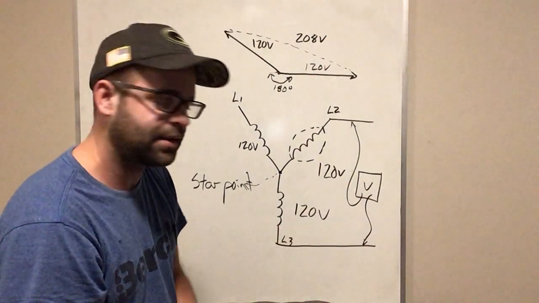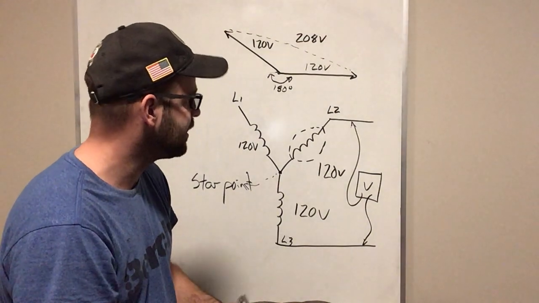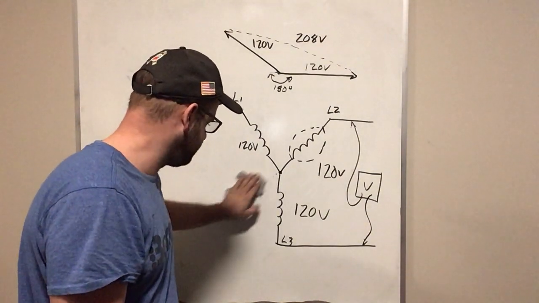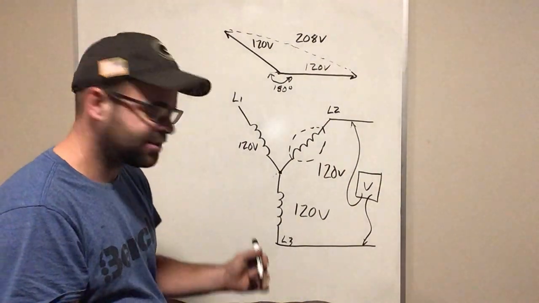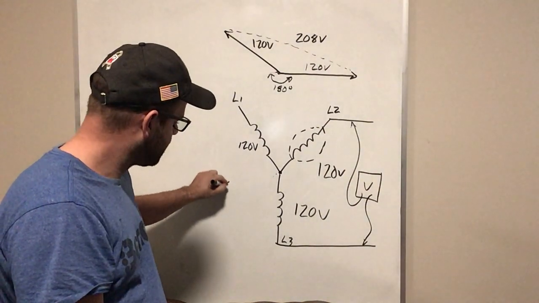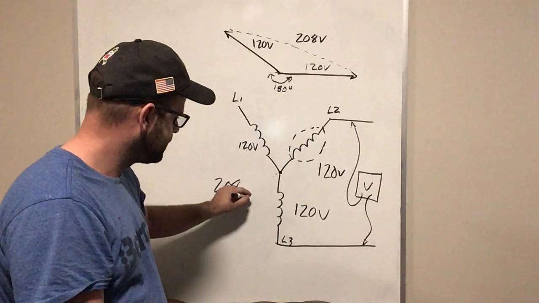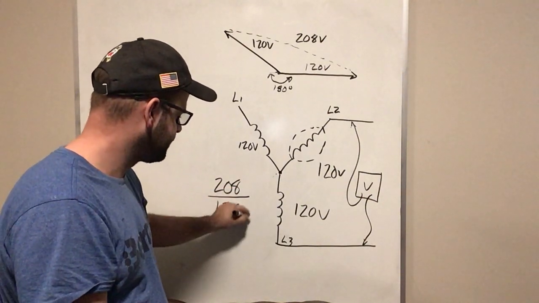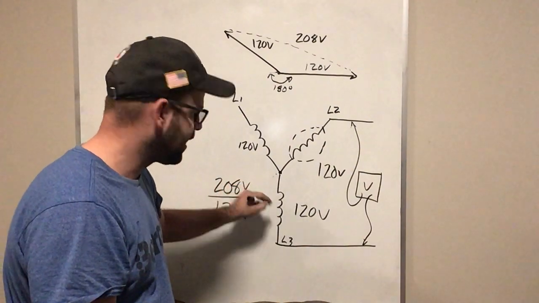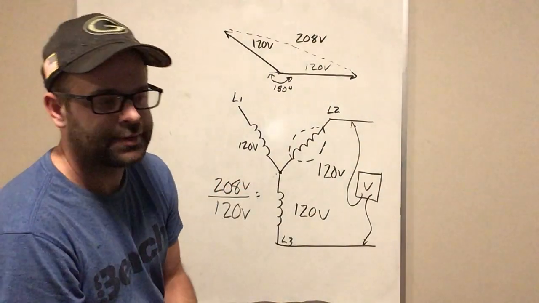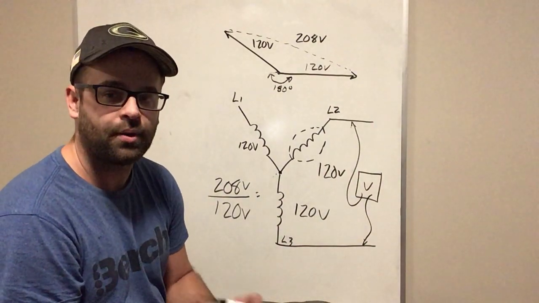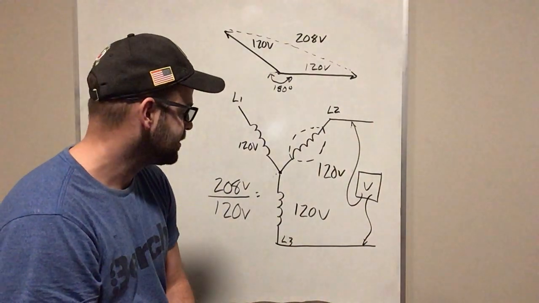One thing I want you to pound in your calculator just so you can see it is 208 divided by 120. That gives you a value, which is a constant that you can use for all three-phase power supplies.